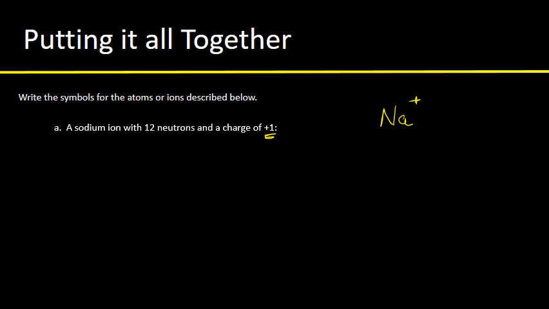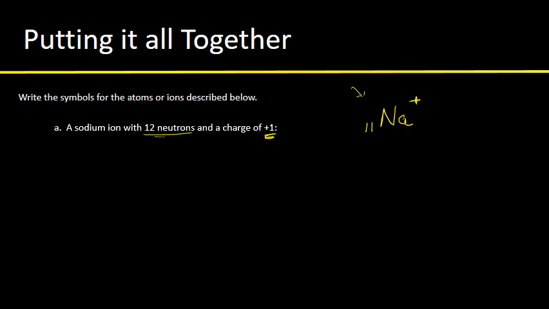All right, so we want to fill out the rest of this symbol. If it's sodium, we can look at the periodic table and find the atomic number of sodium, which is the integer associated with sodium in the periodic table, and that integer is 11, right? And then we want to include the mass up here in the upper left, right?